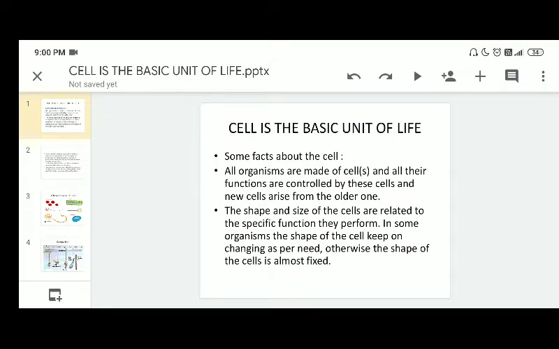The shape and size of the cells are related to the specific function they perform. In some organisms, the shape of the cell keeps on changing as per need. Otherwise, the shape of the cell is almost fixed.